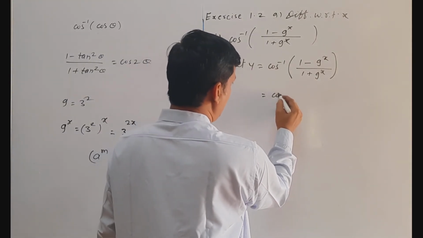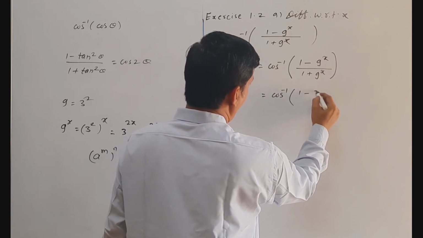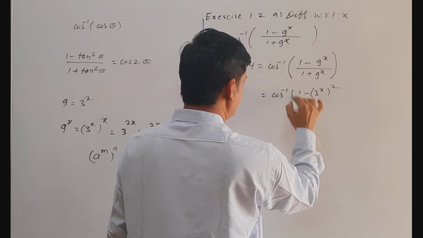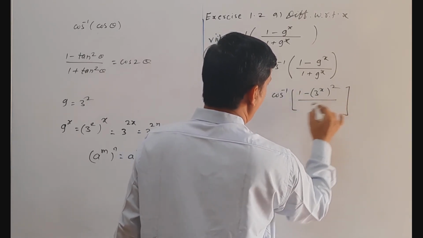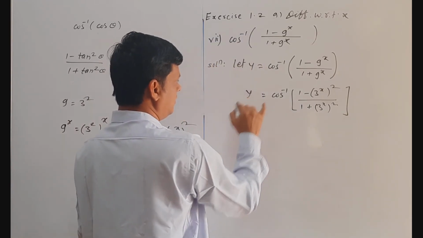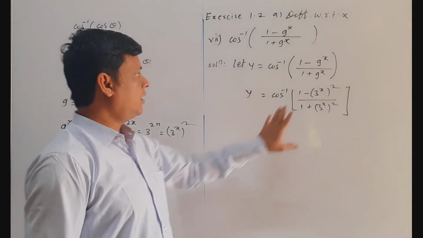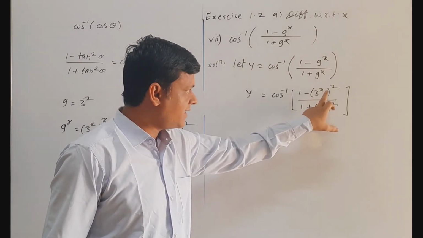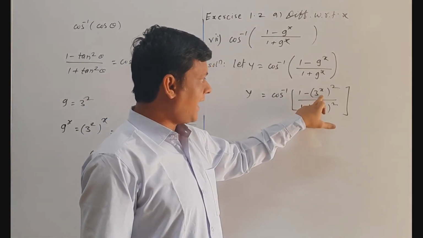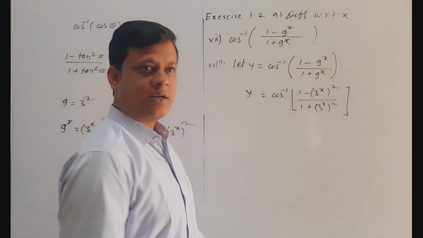So we write here cos inverse of (1 minus (3 raised to the power x) bracket square) upon (1 plus (3 raised to the power x) bracket square). Now convert this into the form of 1 minus tan square theta upon 1 plus tan square theta. For that we have to put 3 raised to the power x as tan theta.